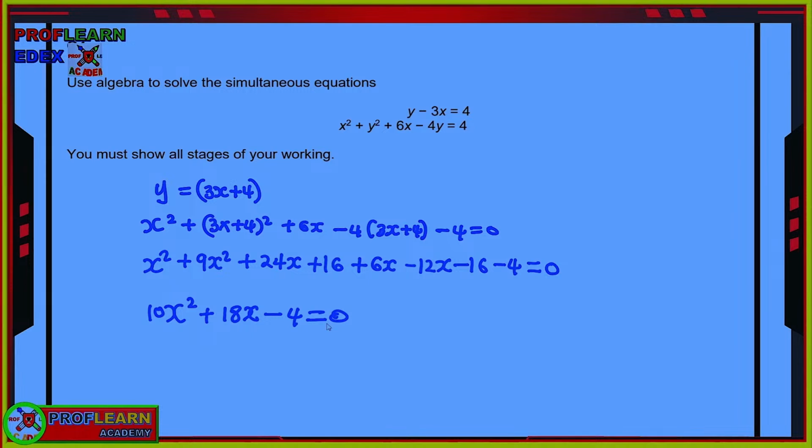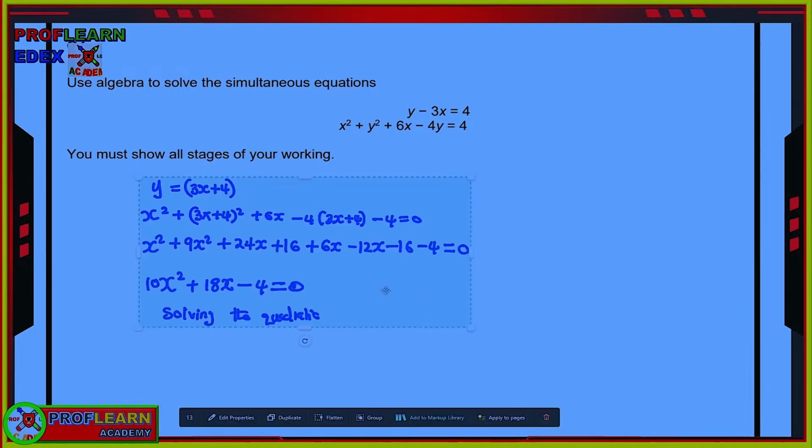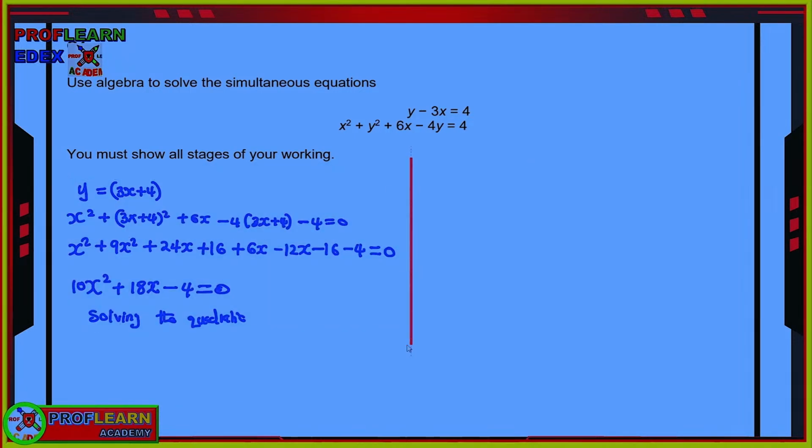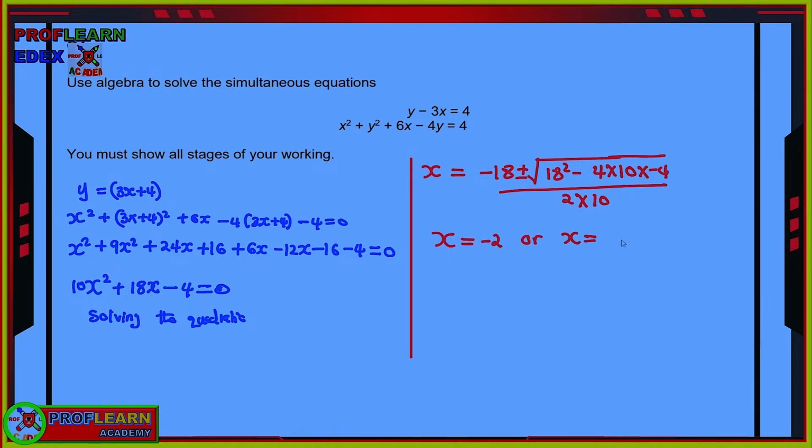So you are going to solve this quadratic equation again. Solving these quadratic equations, we'll get the values of x, and once we get the values of x, we are going to substitute them into y equals 3x plus 4, so that we can also get the value of y. So solving here, we get x being -2 or x being equal to 1 over 5.